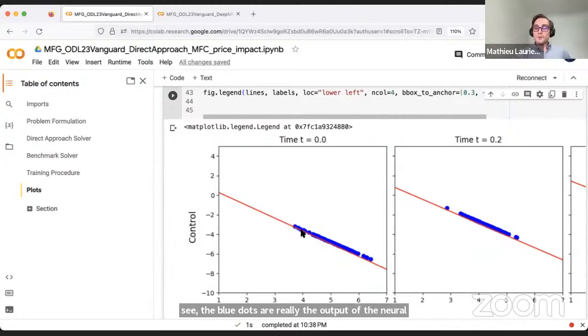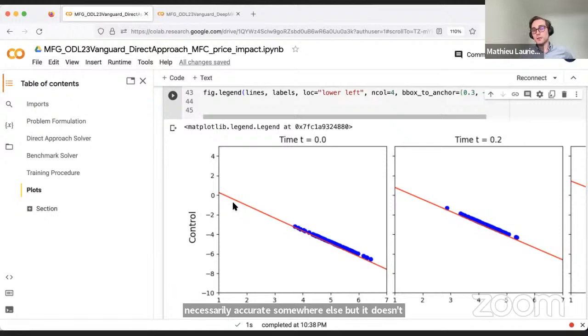If you plot the neural network everywhere, you might see errors around here, for example. Maybe the neural network is not accurate here, but somehow we don't care because the mass is concentrated around 5 at time 0. So the neural network has been trained to be accurate in this region, and it's not necessarily accurate somewhere else, but it doesn't matter for our mean field control problem, right?